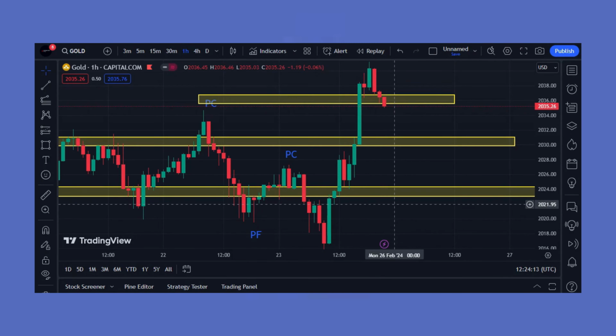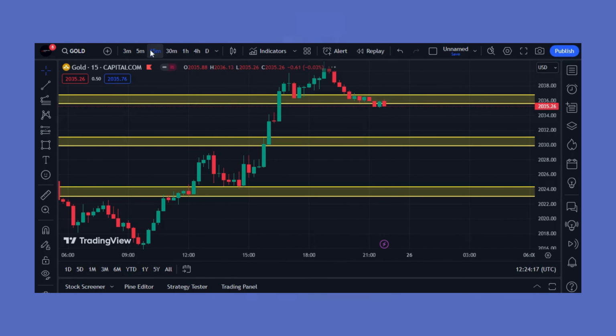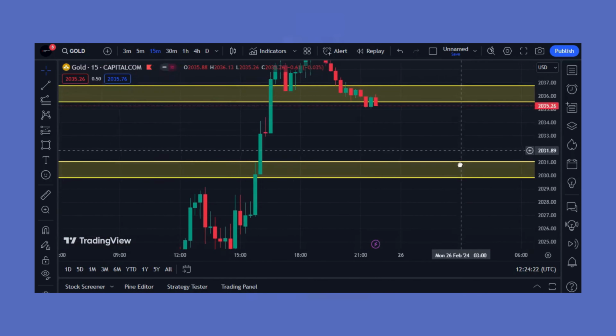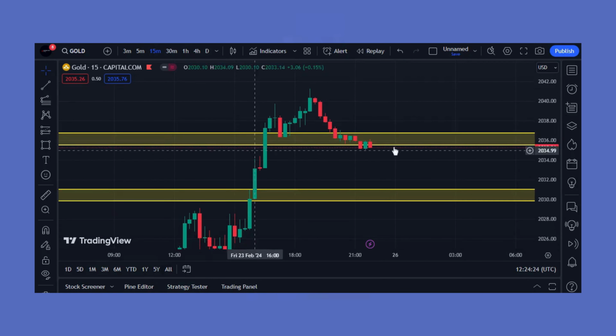Once I have these key points, the next thing is to go to a lower time frame so I can get the immediate bias of the market. First, on the 15-minute time frame, I'm also looking for price clutter, to check if the price clutter on the higher time frame is exactly the same as the price clutter I have on the 15-minute time frame.